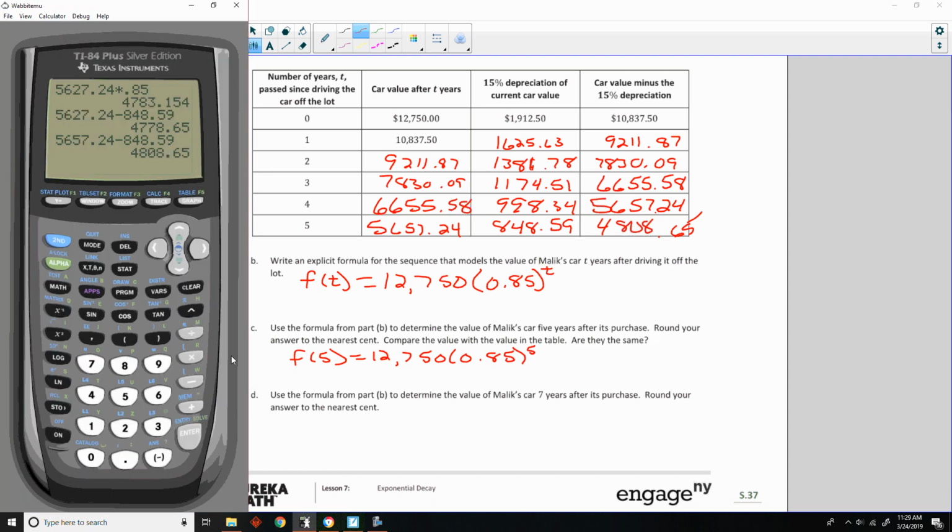So I'm going to put that in my calculator: 12750 parentheses 0.85 close the parentheses to the power of 5 and hit enter, and I get 5657.24, which is what we had right here.